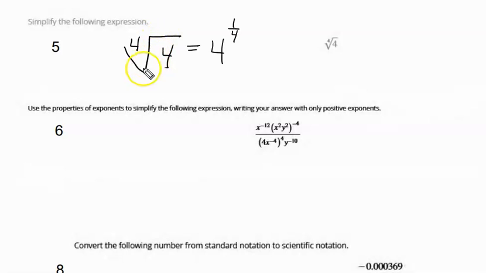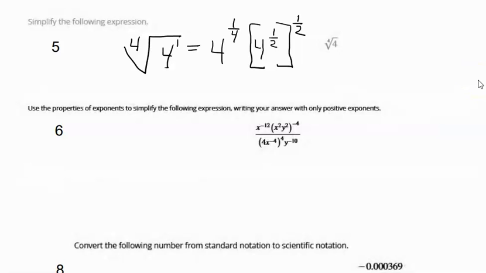Remember, we remove the radical sign. This becomes the denominator of our exponential fraction, and the 1, which is the power to which every number is raised, becomes the numerator. Now, another way of looking at this is we can do this.